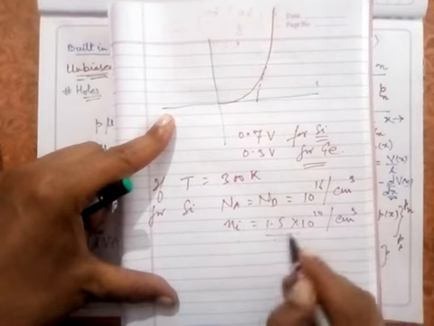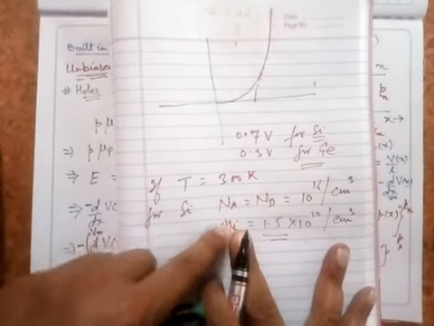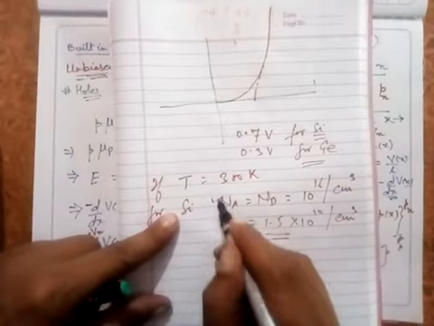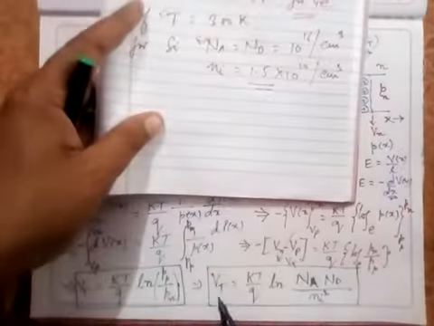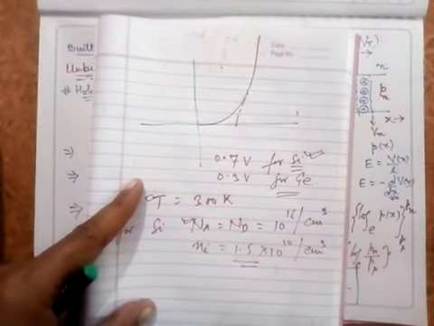This is a standard value. If the intrinsic concentration for silicon is this much, and if I do the doping at this level at 300 Kelvin, then the value of this Vt for silicon is 0.7 volt, which we generally take.